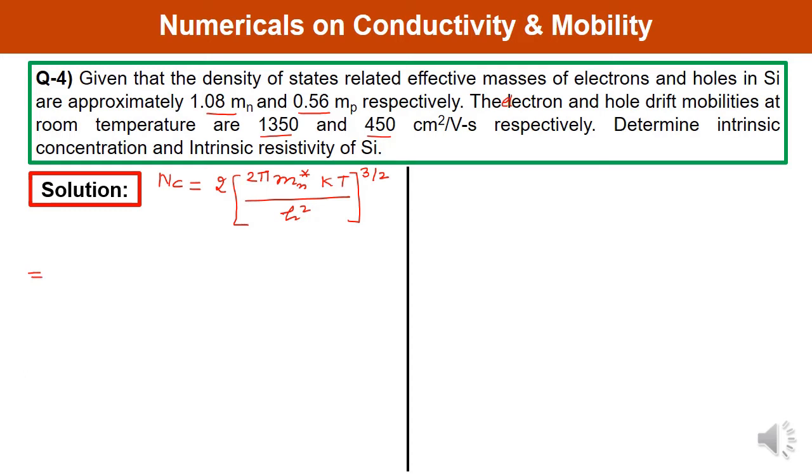The numerator is 2 into 3.14 times m n star.